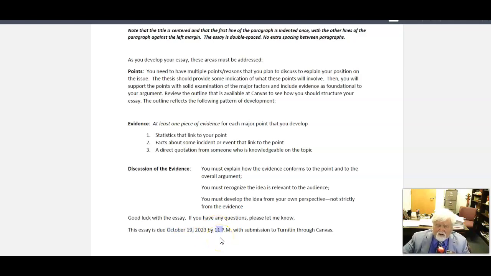I put 11 o'clock. It actually goes till midnight, but I put 11 so that you're not waiting till the very last moment trying to get your essay in. And again, ladies and gentlemen, it will be about a week from submission till you get your essays graded. I try to get them graded as quickly as possible, but typically, as with this time, I had 4 different courses all submitting essays at the same time.